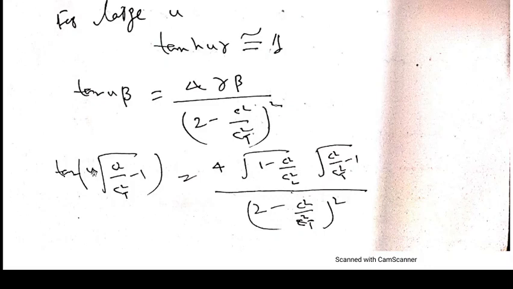CT and CL are known. CL is the longitudinal wave speed and CT is the transverse wave speed.